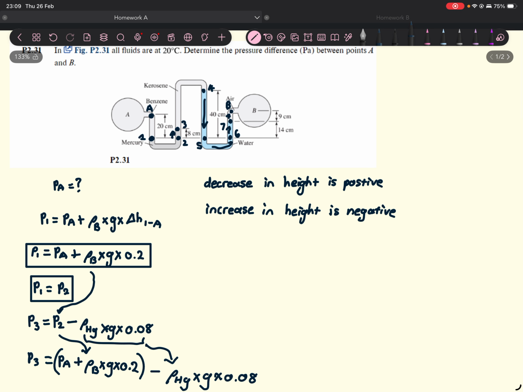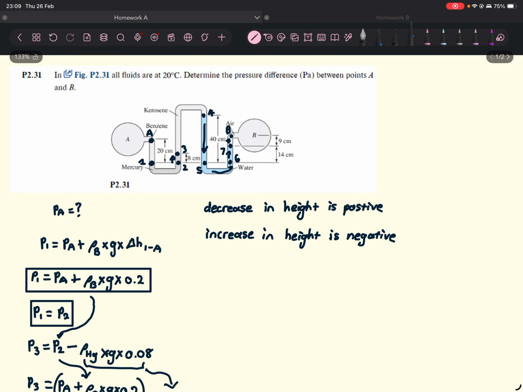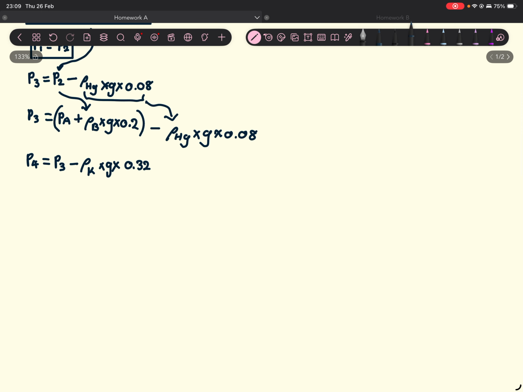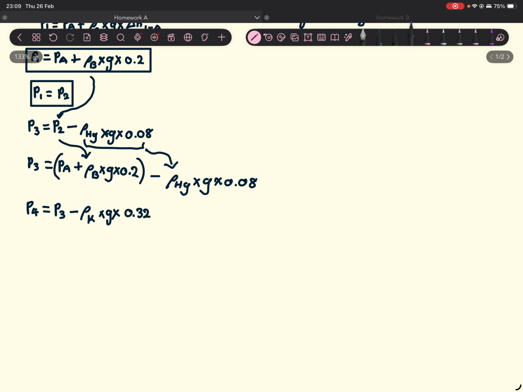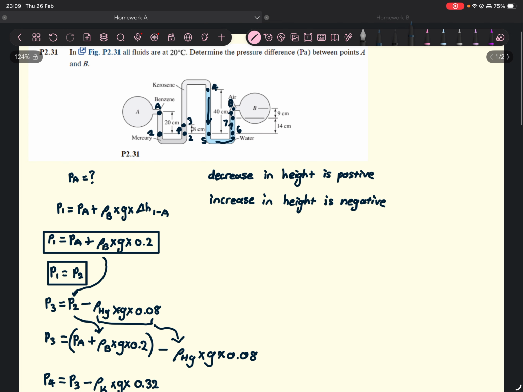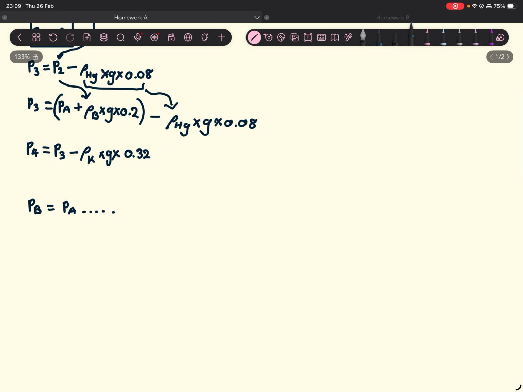Yeah, so you just carry on working like that, and then you're going to get a final expression which is going to state PB is equal to PA plus something something something, right? Cool. Then all you're going to do is bring your PA to that side of the equation, so you're going to get PB minus PA is equal to all your different terms.